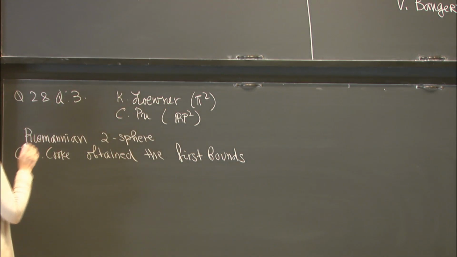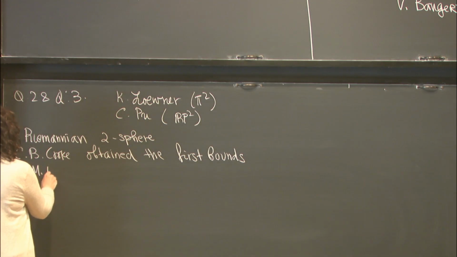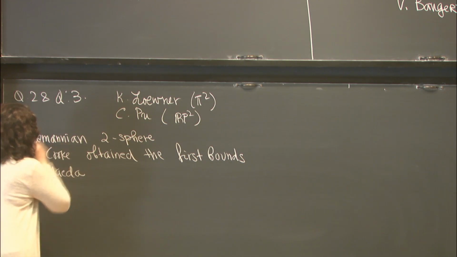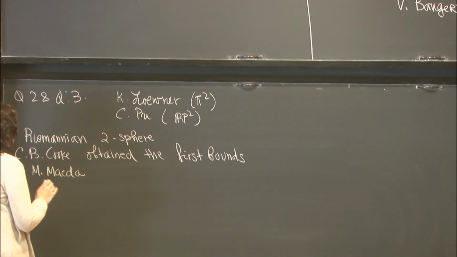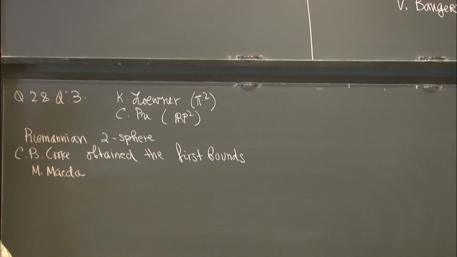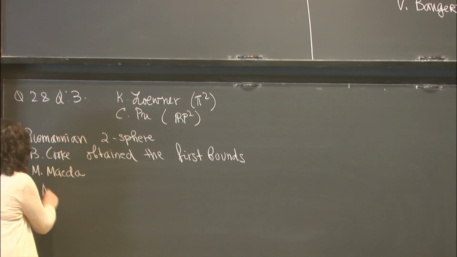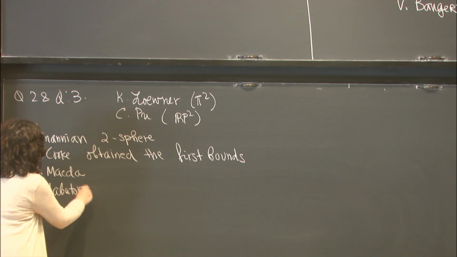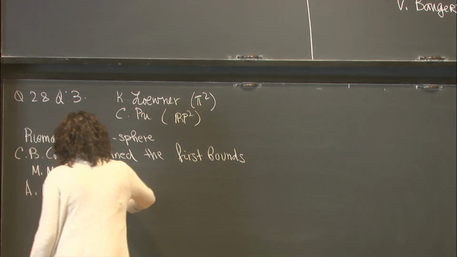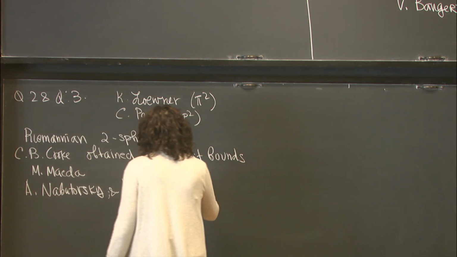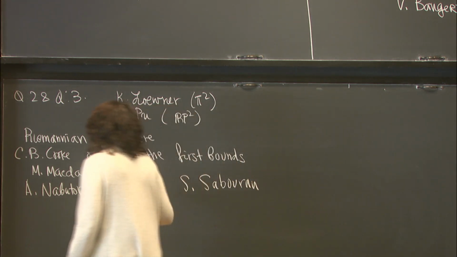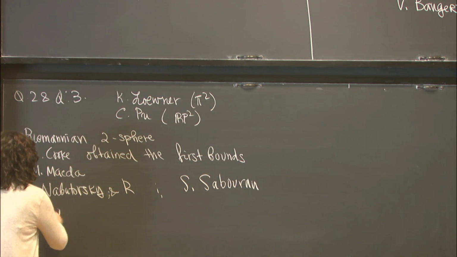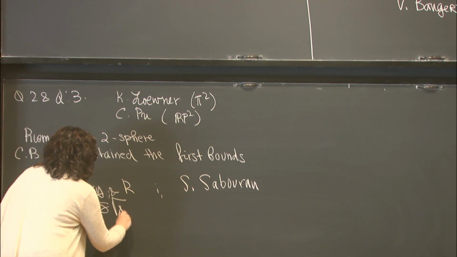Then they were also improved in stages, first by Maeda, then independently Alex and me and Stefan Sabourau, so jointly with Alex but independently from Stefan Sabourau, we improved those bounds to 4 times the diameter and 8 times the square root of area.